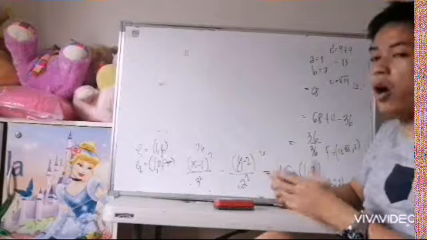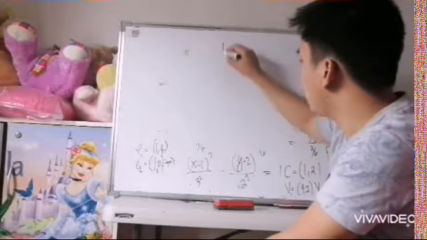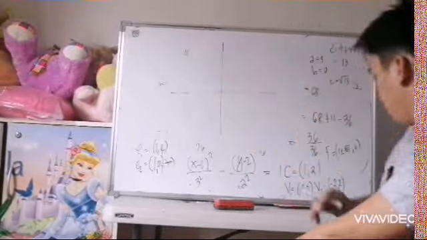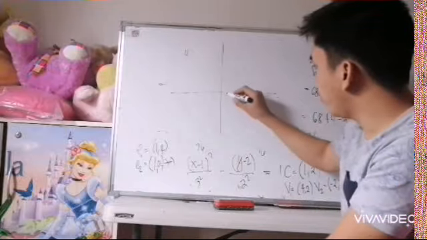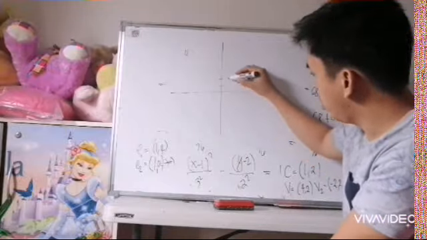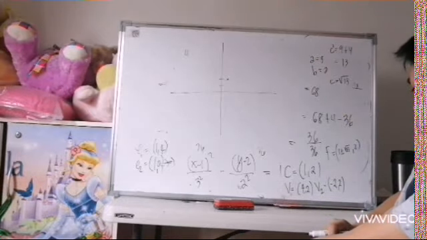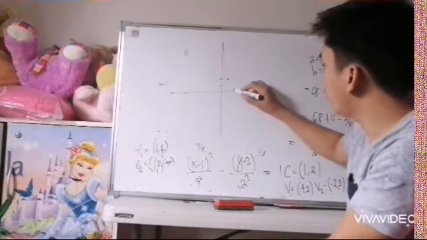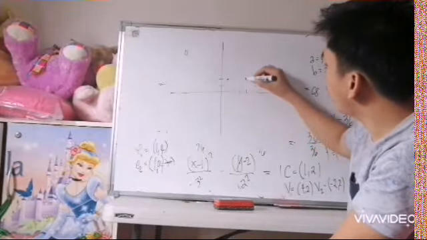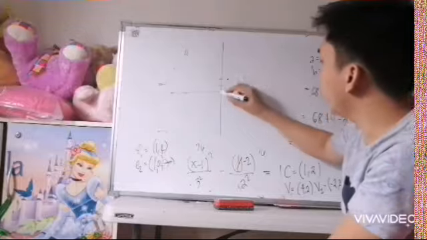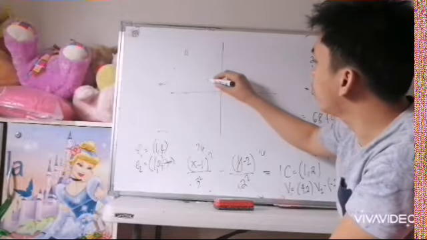Okay, so how do I plot this? My center is 1, 2, so that's somewhere here. My vertices are 4, 2, somewhere here, and negative 2, 2, somewhere here.